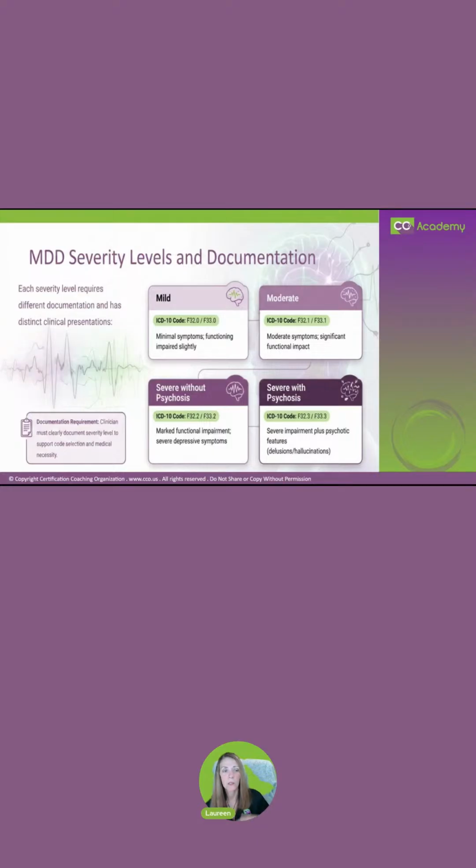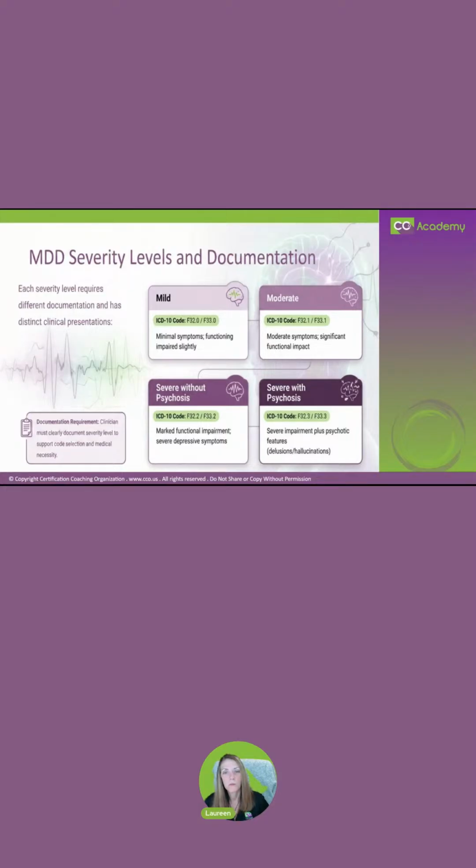Why 2 codes? Because the first one is if it's single episode, the second one is if it's recurrent. Mild means minimal symptoms and functioning is only slightly impaired. Then we've got moderate, which is F32.1 or F33.1. Moderate symptoms have a significant functional impact. The patient's struggling, but they're still getting by.